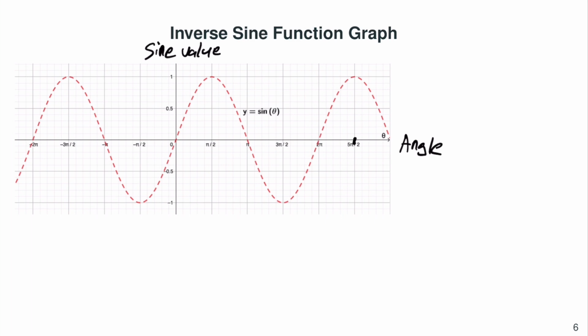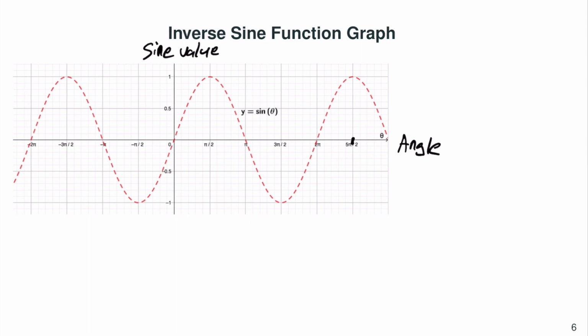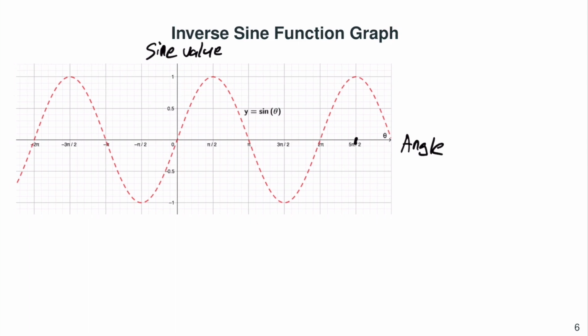That's how we read the x and y axes. But like I showed earlier, this is not a one-to-one function. One-to-one means each input must correspond to only one output, but that's not the case. Pi over 2 gives 1, 5 pi over 2 gives 1, and negative 3 pi over 2 also outputs 1. So we need to restrict the domain.